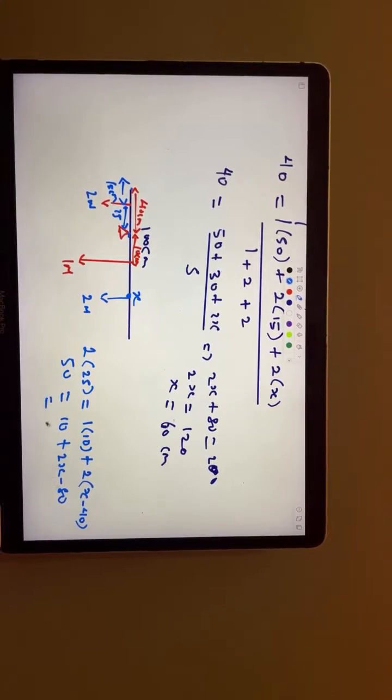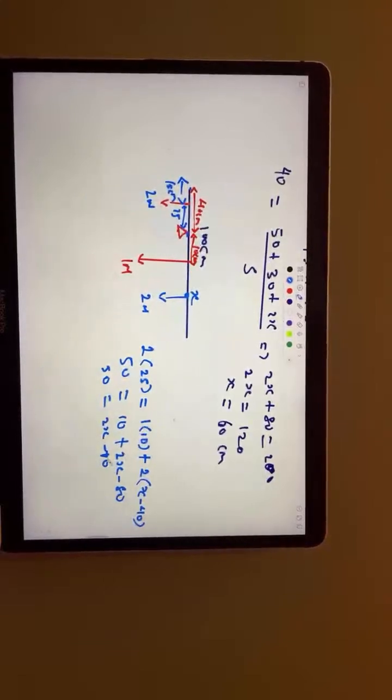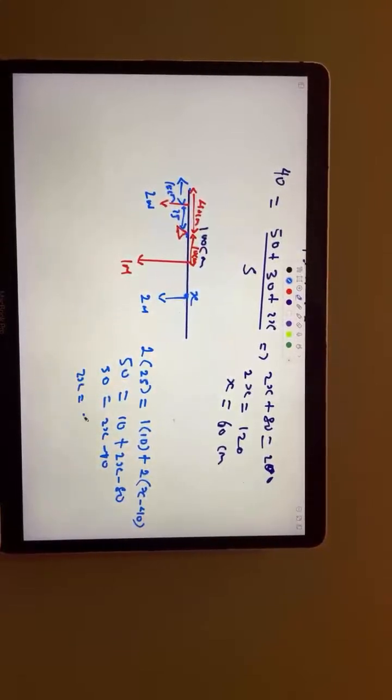So when you do this now, this will be 2x minus 10 minus 80, that's minus 70. So that means that this is 50. So when you take this to the right side, 2x will be 50 plus 70, which is 120. So x will be 60 centimeters.